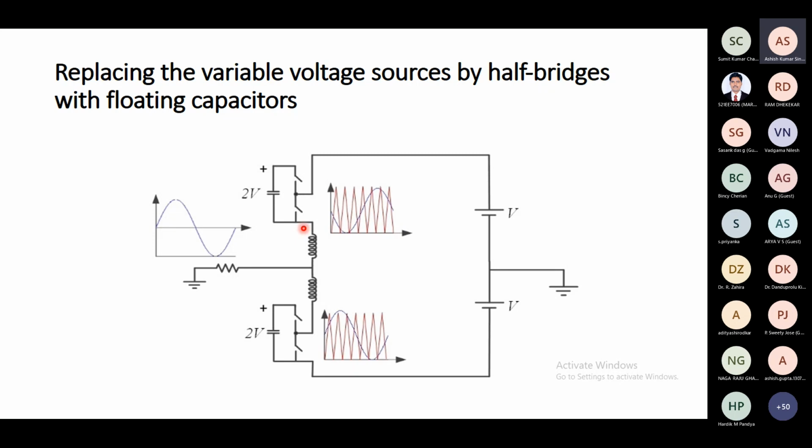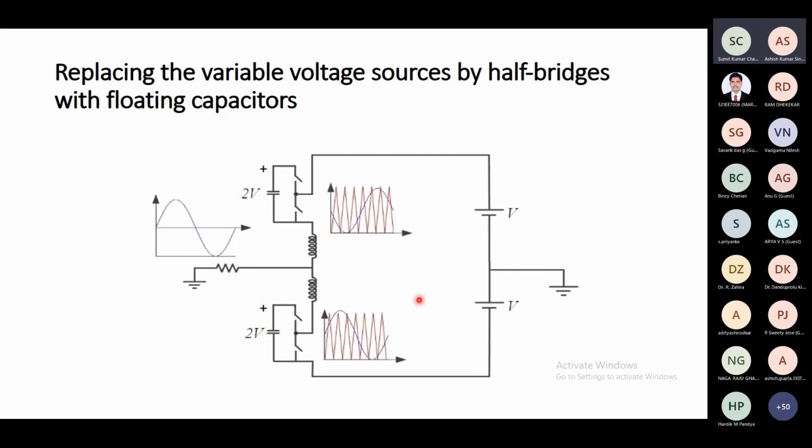So what we understand is that there is no source, and both upper and lower arm are supplying power. That means these capacitors are supposed to discharge. When they discharge, this will become less than 2V. This will also become less than 2V.